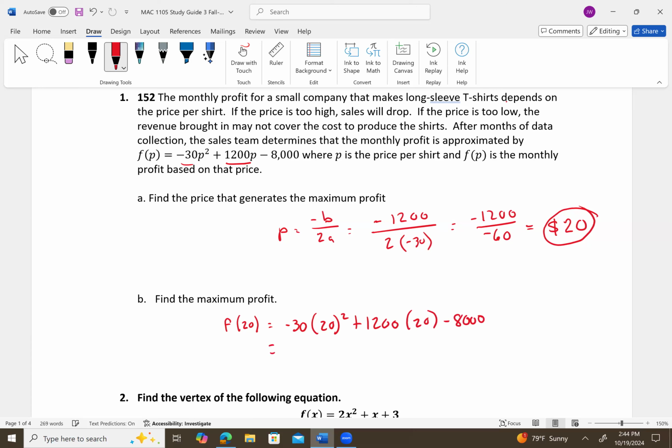This becomes -30 times 400, which is -12,000, plus 24,000, and minus 8,000, for a net profit of $4,000. Maximum net profit.